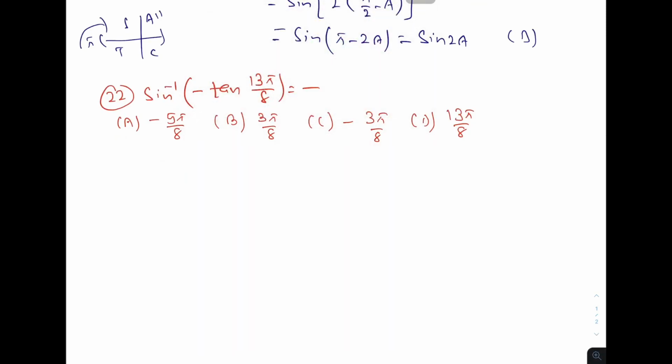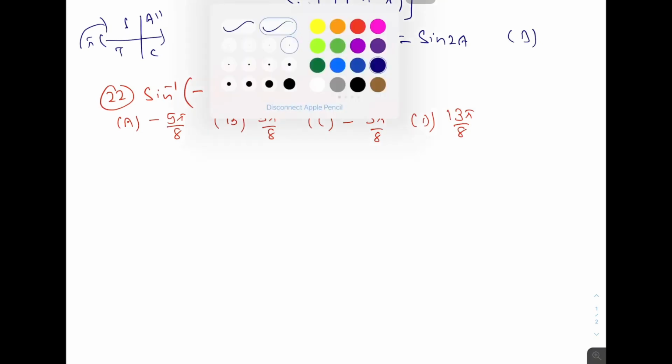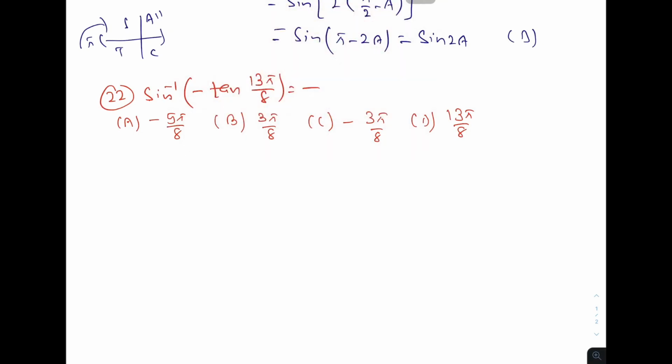Okay, we solve this. This is not sine inverse, but it is tan inverse. Now we have the formula for tan inverse of minus tan 13 pi by 8.